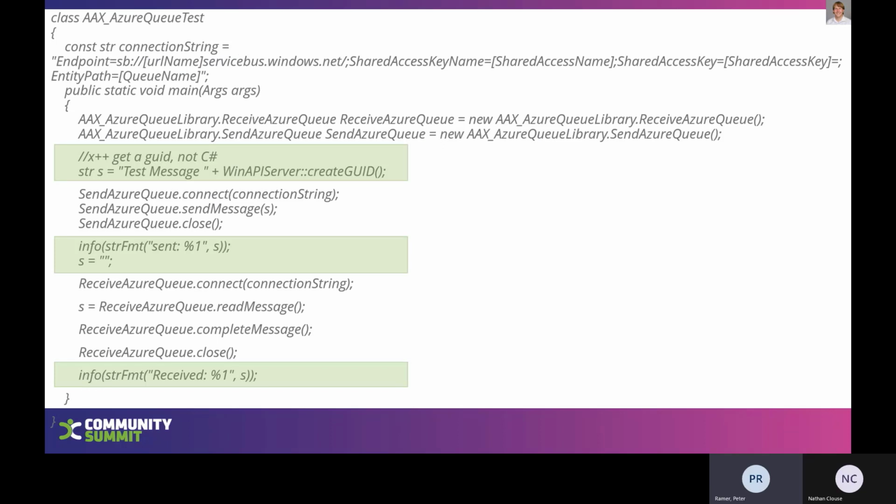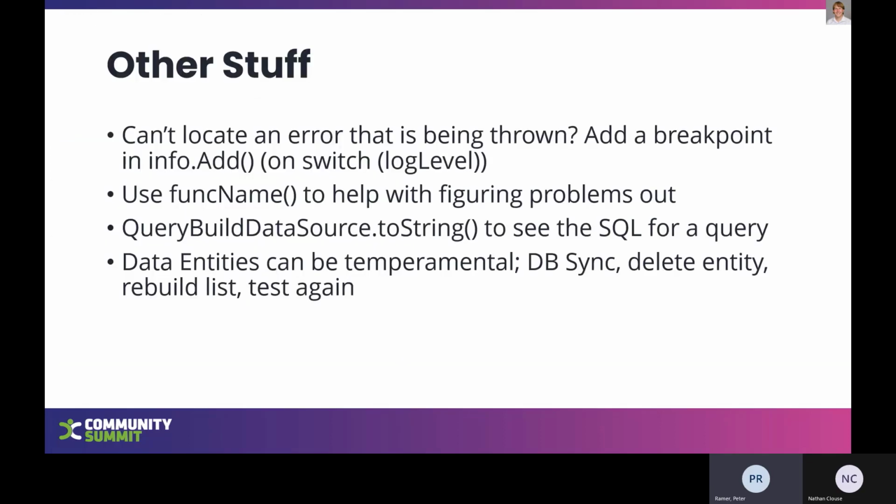Those are really great examples where using C# to do that operation is great. Here we can see we're calling the WinAPI server, and we're creating a GUID. Let's see if I have a couple more zoomed in operations. But again, it's useful to know that you can call those .NET libraries within your X++ code.